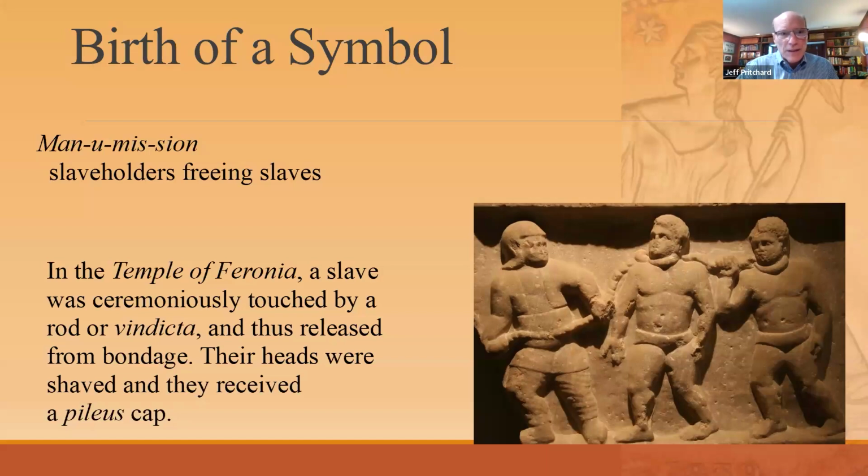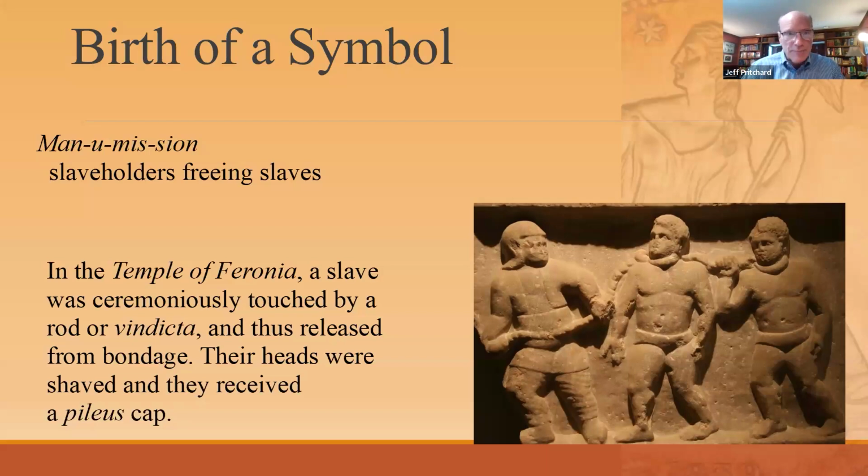Since that time, in order to recognize their newfound freedom, the slave's head was shaved, and on their head was placed a small white, kind of hard woolen cap called a pallias. Only free persons were allowed to wear the cap.